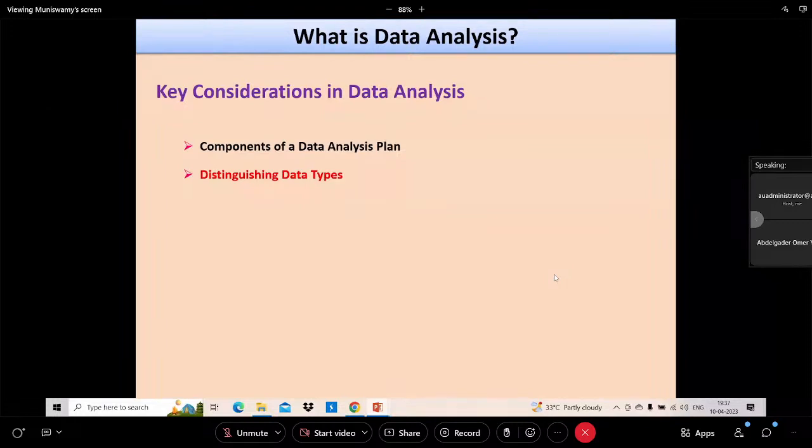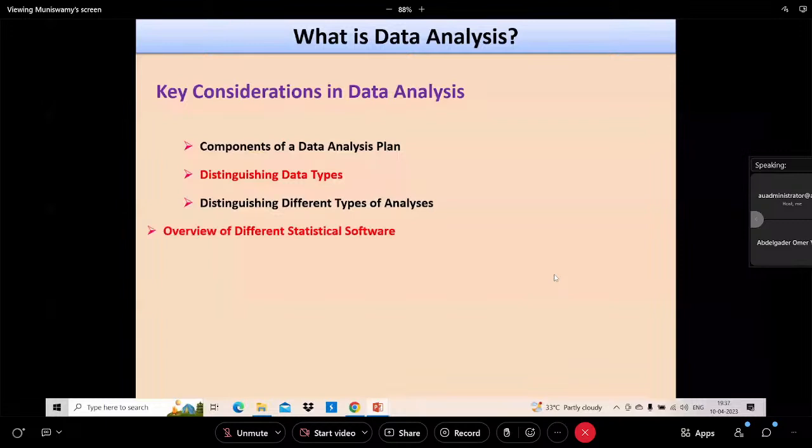As a researcher, as an analyst, distinguish data types: nominal, ordinal, interval, ratio. After that, distinguish different types of analysis: univariate, bivariate, multivariate. Which type of analysis are you going to apply in your project work? Then an overview of different statistical software.